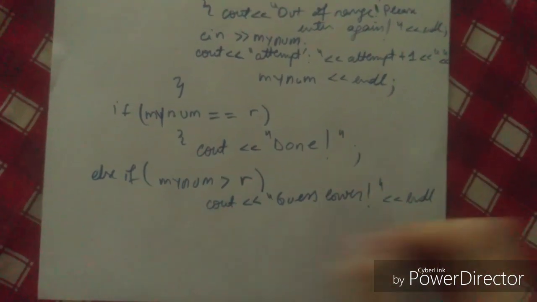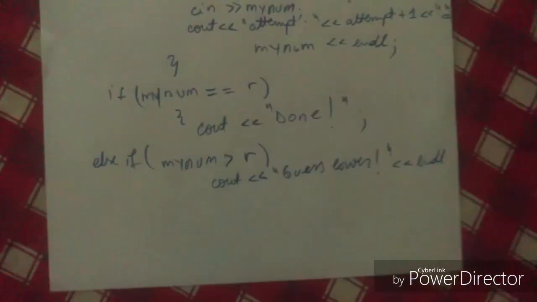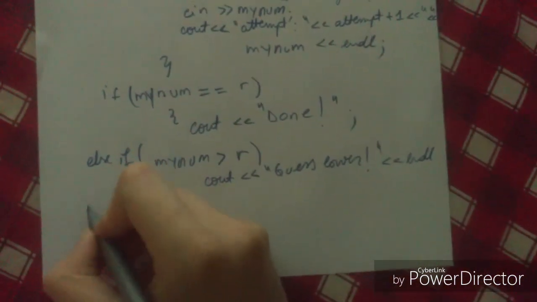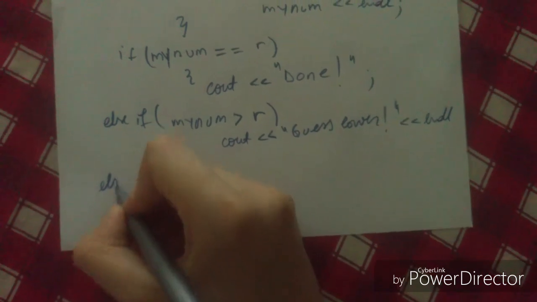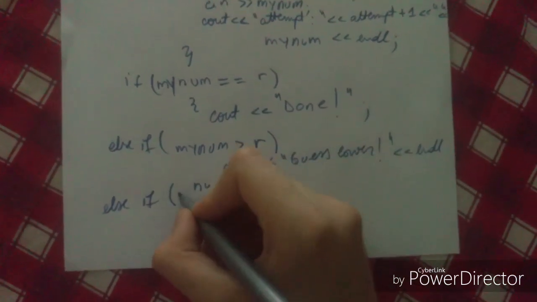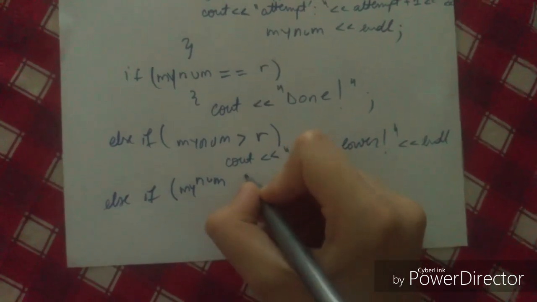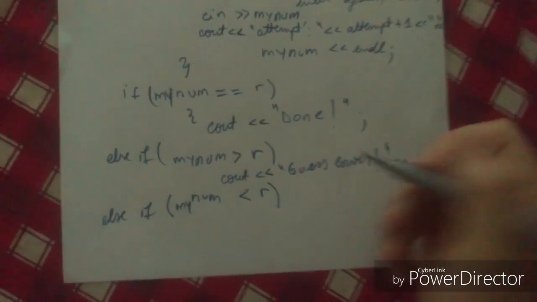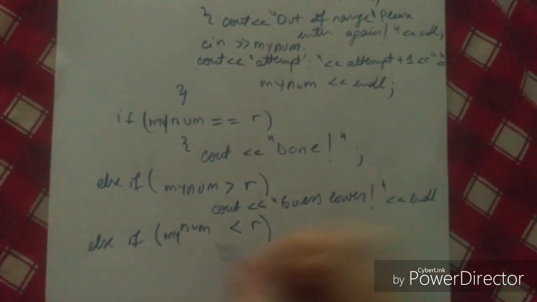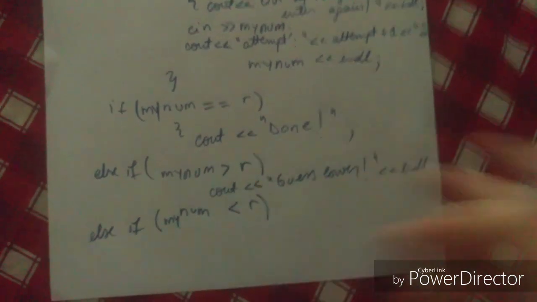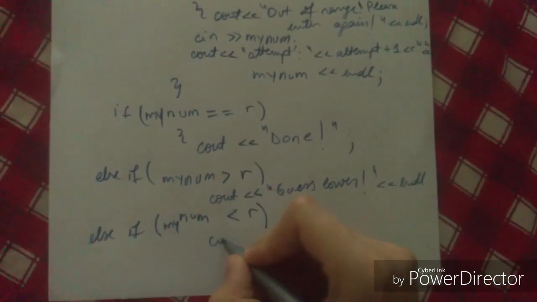And then we're going to have another else statement, because we need to check every possibility before we do anything else. So we're going to say else if mynum is lower than the randomized number, we're just going to say the same thing as here, just guess higher. So it's going to be the same format, just guess higher.